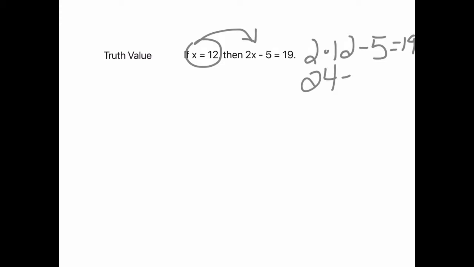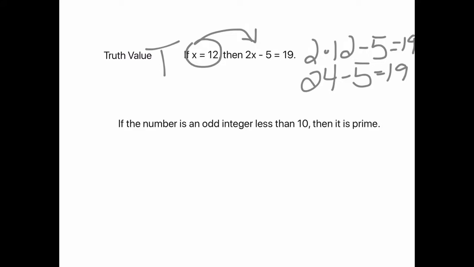To figure out if this is true or false, you take this x equals 12 and plug it in here for x. So 2 times 12 minus 5 will need to equal 19. When we do the math, 2 times 12 is 24, and 24 minus 5 does equal 19, so this is a true statement. It has a truth value of true.